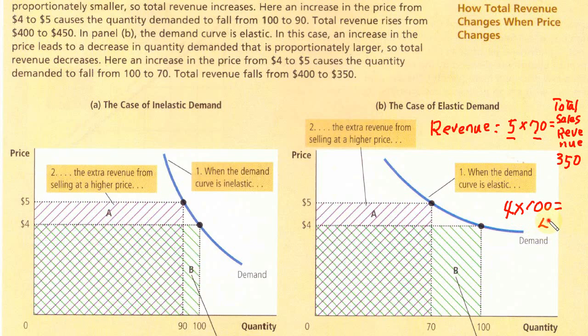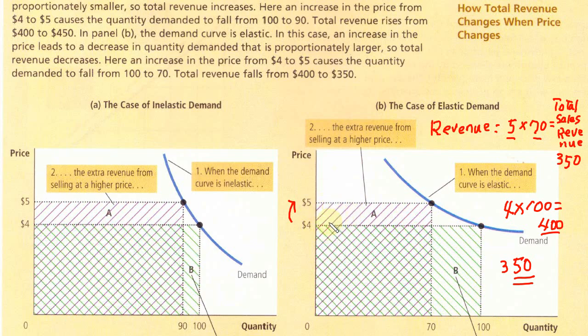Then that is 400, which is bigger than 350, meaning 50 more revenue. Even in this case the price increased, but the increased price cannot cover the decreased quantity, right?